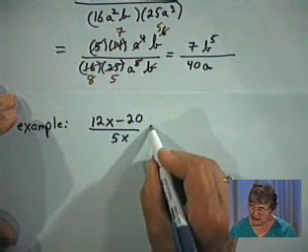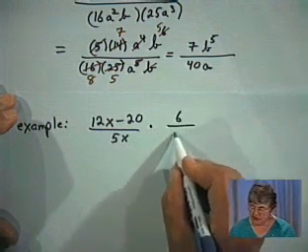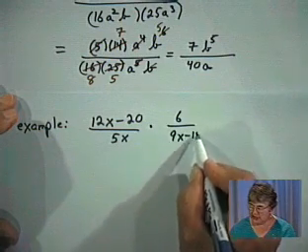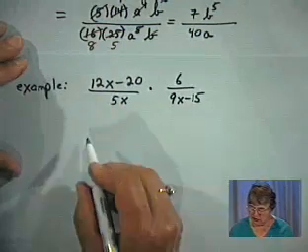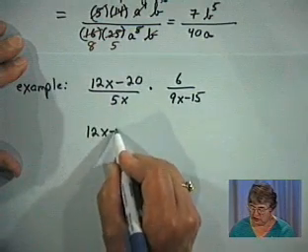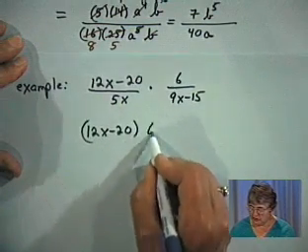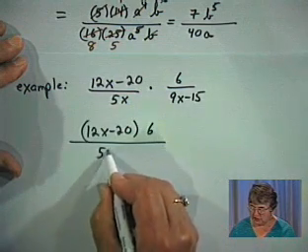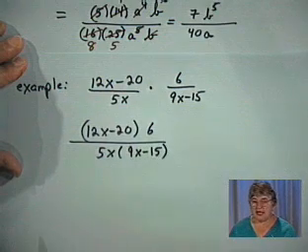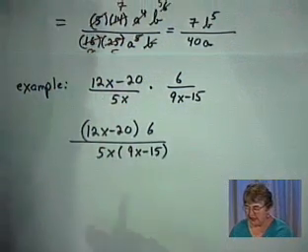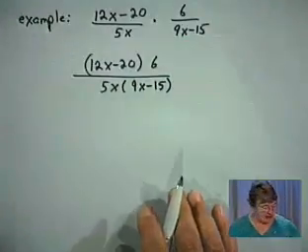And let's multiply this by 6 over a 9x minus 15. Once again, we're multiplying these expressions, and so we're going to say it's going to be the product of the numerators divided by the product of the denominators.